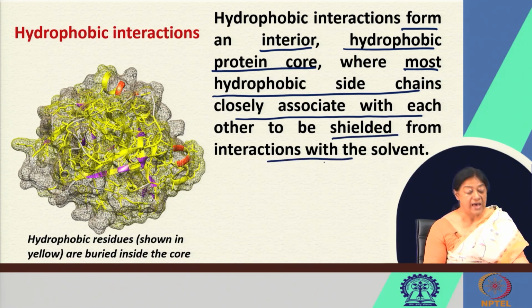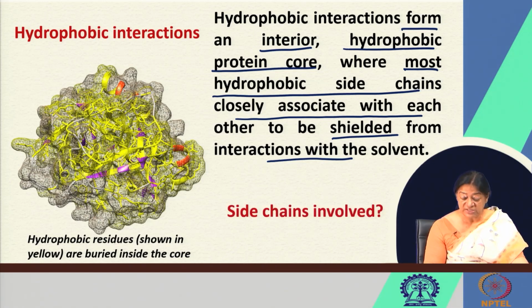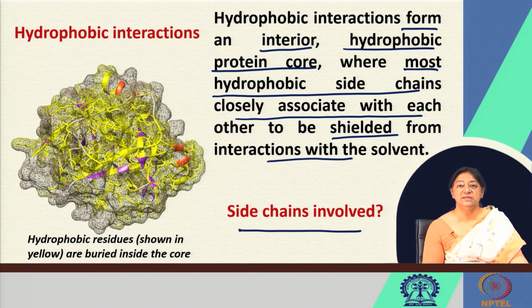And with the knowledge of the different types of amino acid residues, looking at which side chains can be involved in what type of interactions, that is extremely important. So, we have the basic amino acid residues and the acidic amino acid residues that can be involved in ionic or electrostatic interactions.